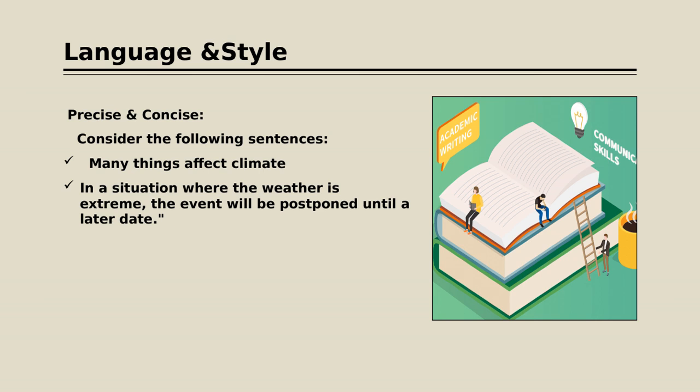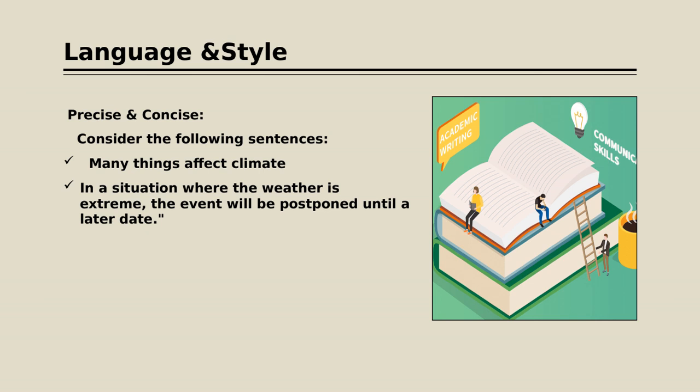By precise, I mean you can convey your message using few clear words instead of giving a long, complicated sentence. What do you think of "many things affect climate"? How can I change it?